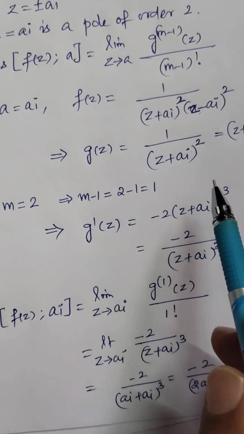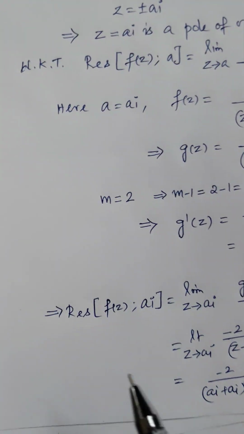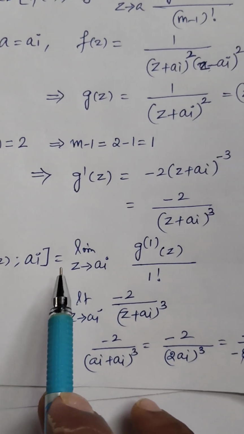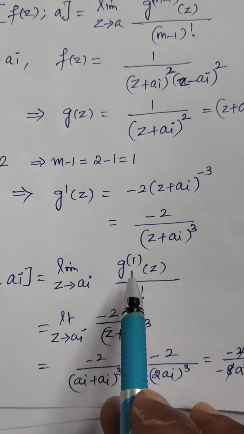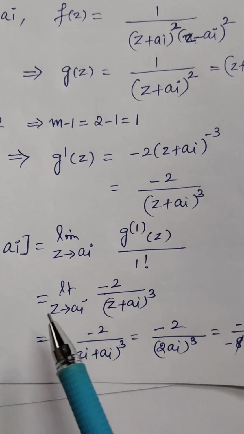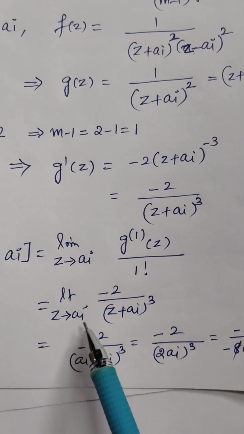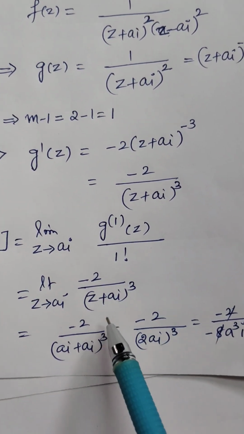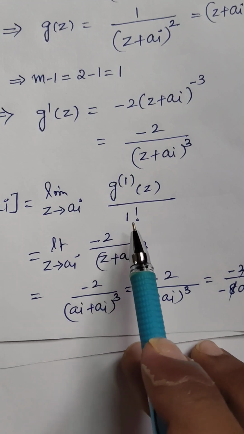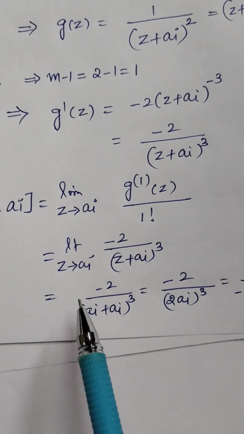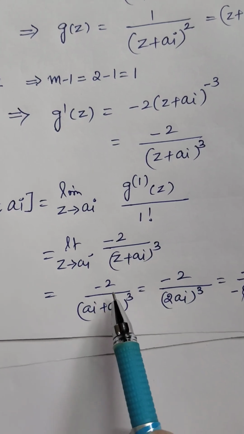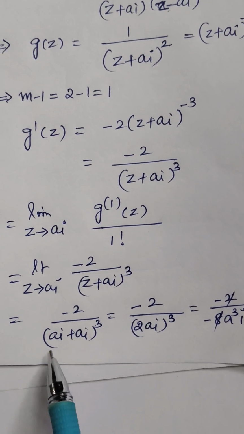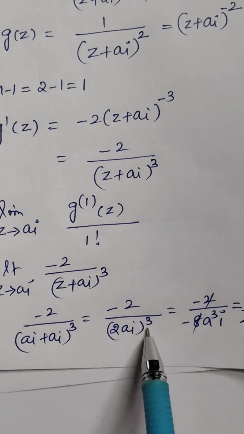Now we have to substitute this in the formula. We get residue of f of z at ai equal to limit z tends to ai of g dash of z divided by 1 factorial, where g dash of z is minus 2 divided by (z plus ai) whole power 3. 1 factorial is 1. Replacing z by ai, we get minus 2 divided by (ai plus ai) whole power 3, which is minus 2 divided by (2ai) whole power 3.